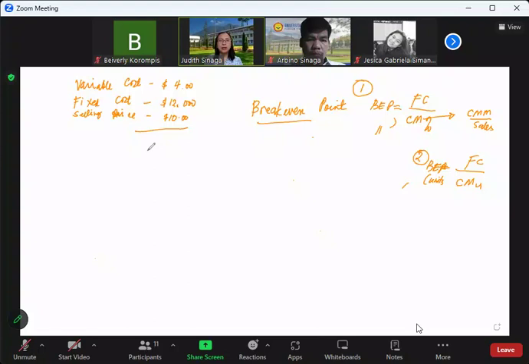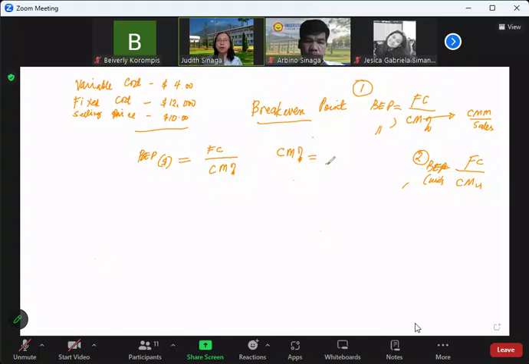How many sales in total amount so that we break even? So it's very easy. You just plug in the formula. You have fixed cost over CM percentage. So how do you solve the CM percentage?